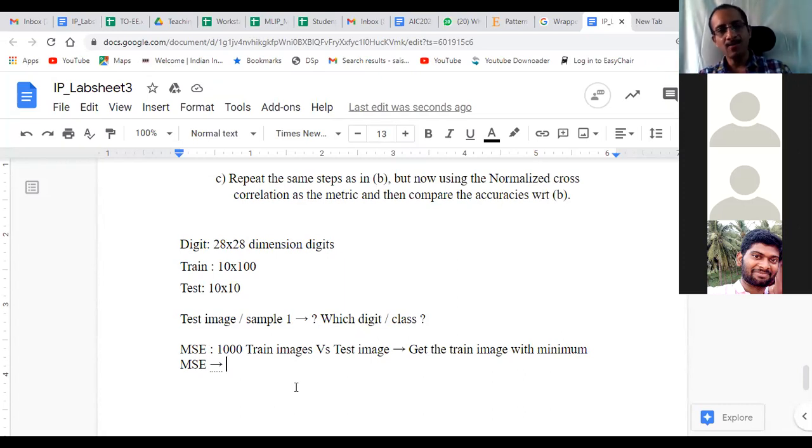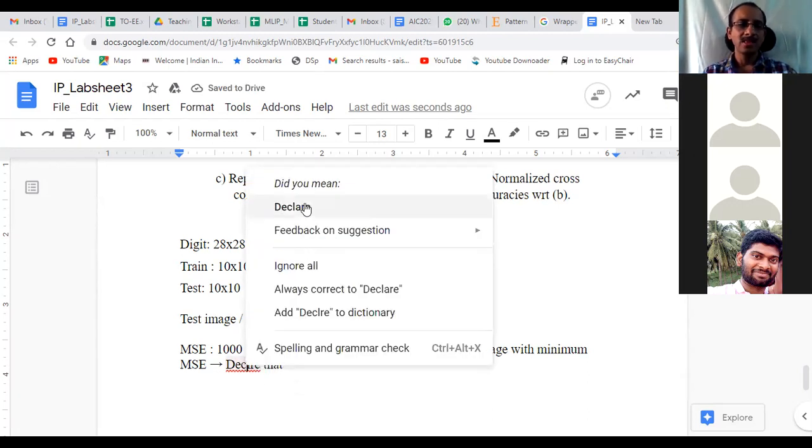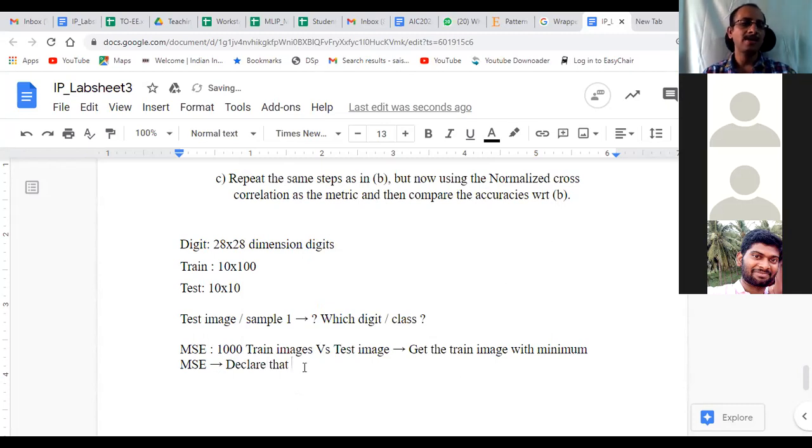So get the trained image with minimum mean square error and assign the class label of the minimum mean square error image to that class.